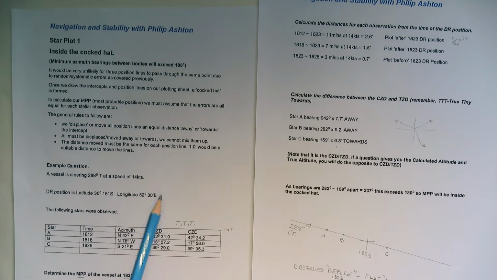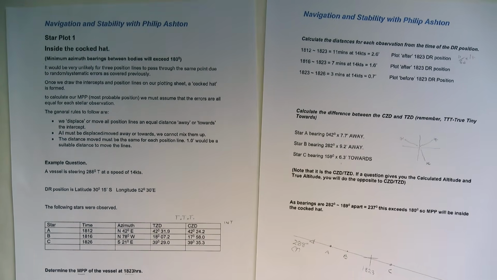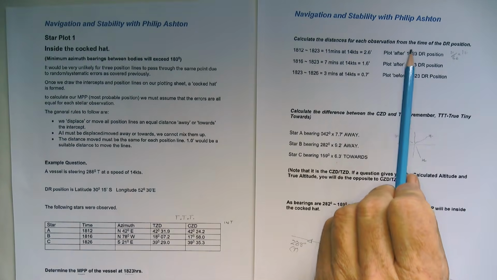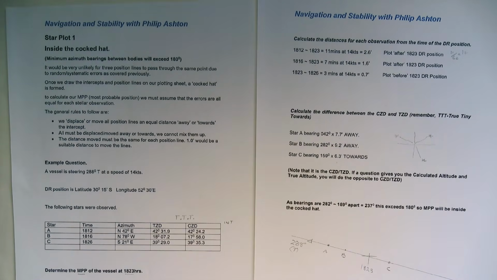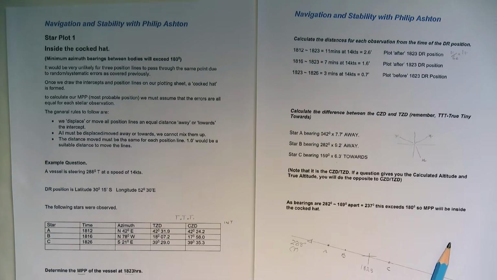Now we're given an azimuth, so you would need to convert that to a bearing. We're given zenith distances, so remember true tiny towards with a zenith distance. But the first thing we need to do is calculate the distance for each observation from the DR. So 1812 to 23, 11 minutes, 2.6 miles.